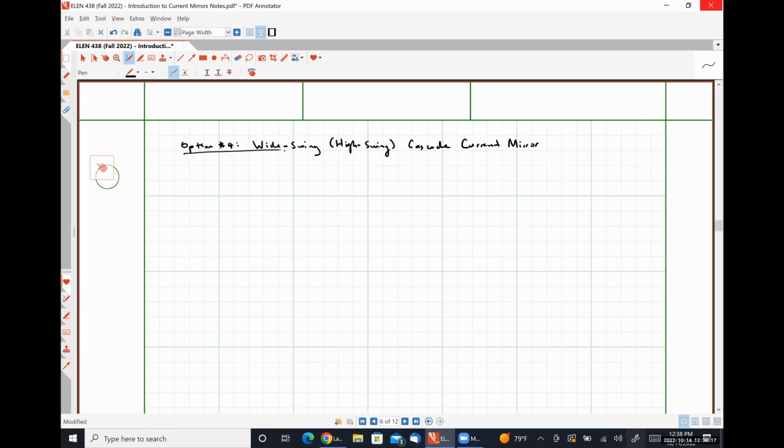So we're going to start with a similar layout. Here's our reference current, IREF. It'll be fine.